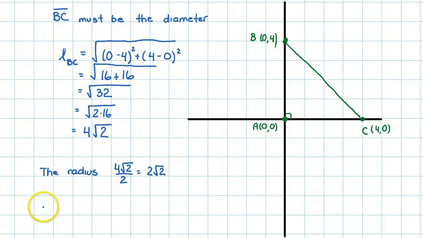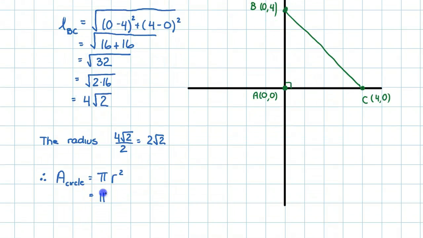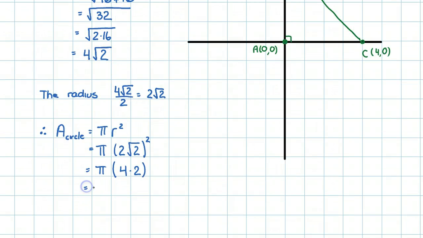So therefore, we know the area of a circle is equal to pi r squared. So the area of this circle is going to be pi times 2 root 2 squared, which is pi times, and we have to square both the 2 and the root 2, so that's going to be 4 times 2, which gives me 8 pi.